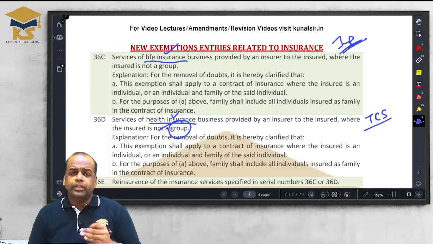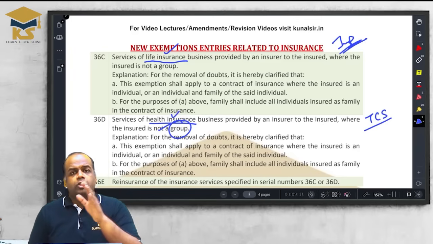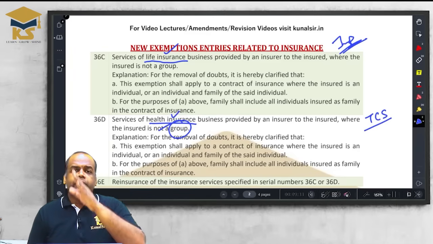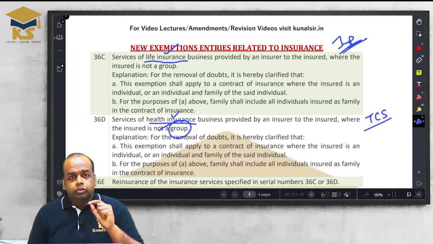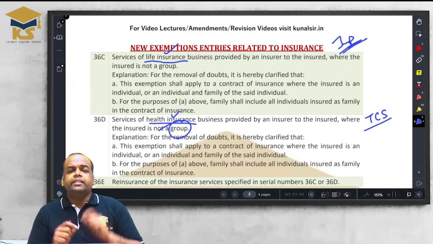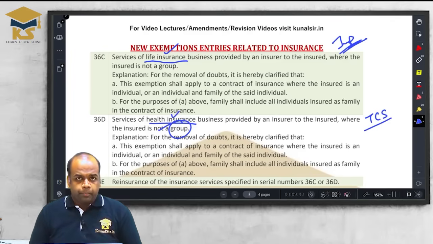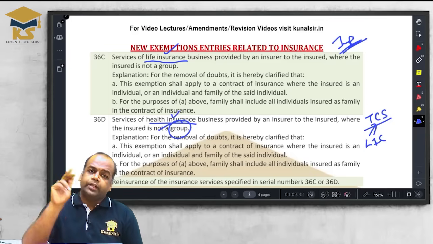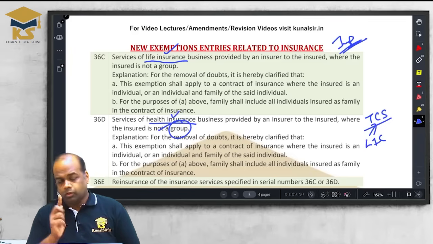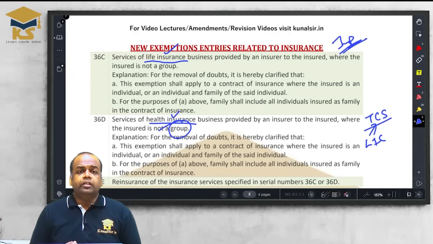As soon as that employee leaves the job, name of that employee is cut from that policy. Such kind of groups are called as employer-employee group. So if say LIC is providing group insurance services to TCS, now that is subject to GST. Okay. Same case with the health insurance.